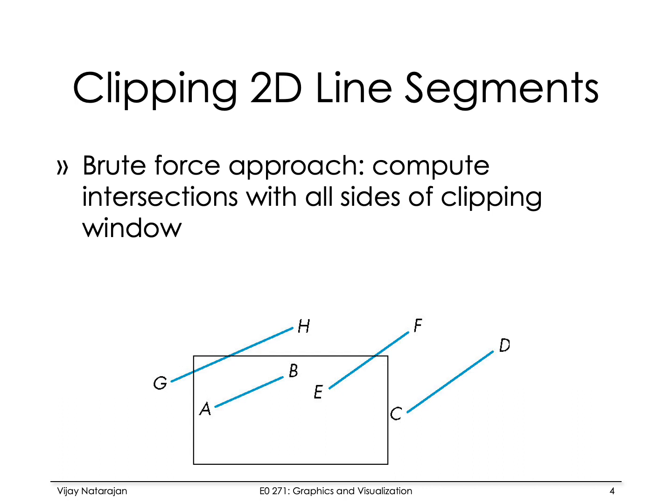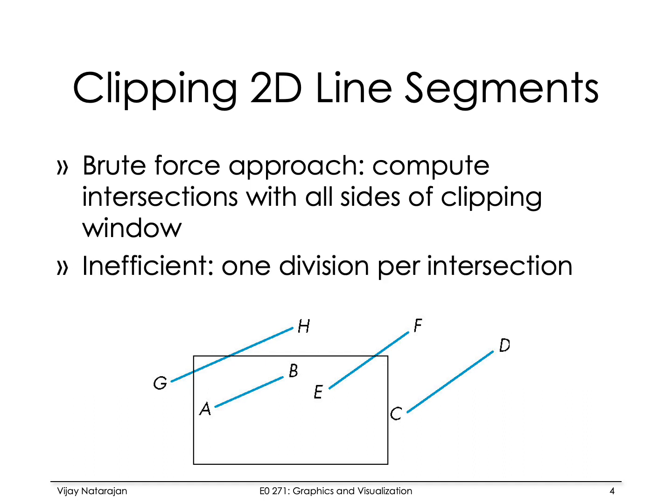So what is the brute force approach? You compute the intersections of the line segments with all 4 sides of the clipping window and use that point of intersection to decide which line segments lie inside and which lie outside. And for line segments such as EF, you also determine the portion of the line segment that lies inside.